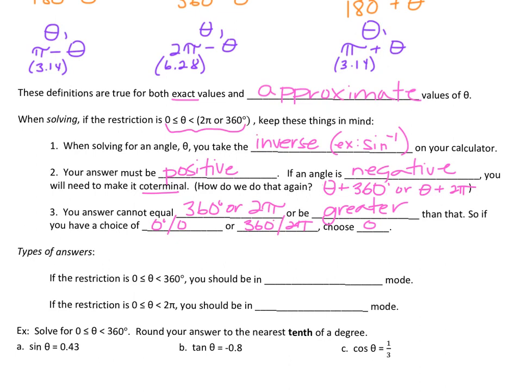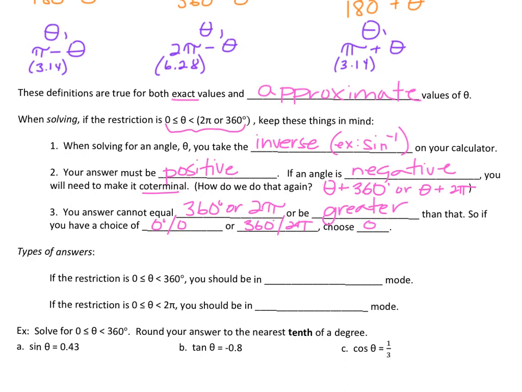You're going to want to use the shift key to get that to pop up on your screen. So when we're taking the inverse, that's what we're looking for. Because our restrictions are between 0 and 360 or 0 and 2 pi, we have to have positive solutions. But sometimes when you type an inverse in on your calculator, we get a negative value for theta.